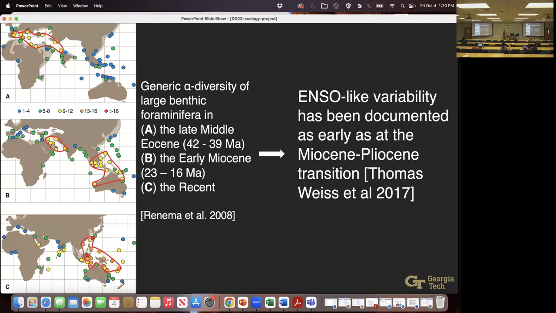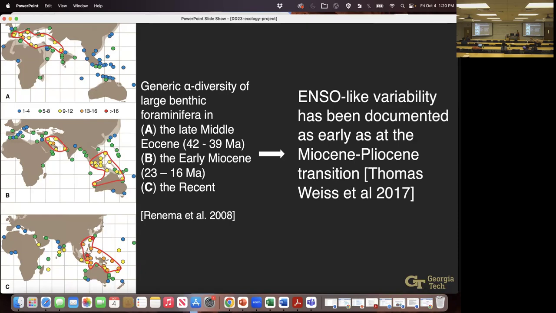And the interesting thing is that here is where we have the first records of ENSO starting to exist. So really, the development of that mode of climate variability that didn't exist 40 million years ago, and started to exist around 16 million years ago, is what built up the biodiversity.